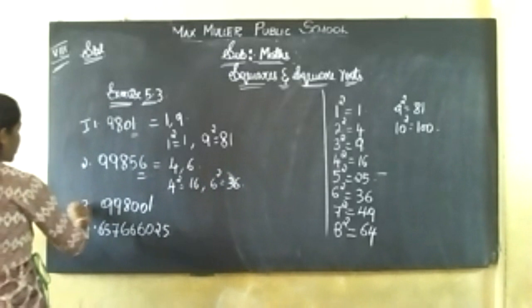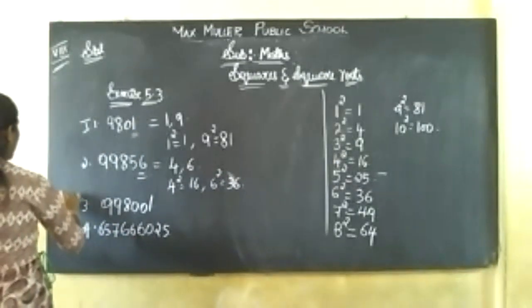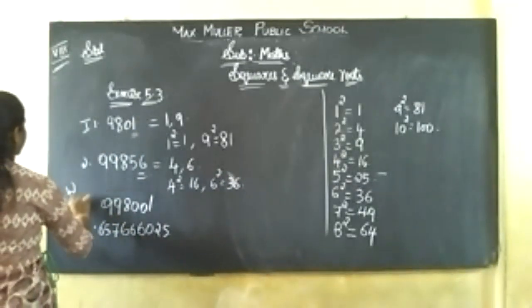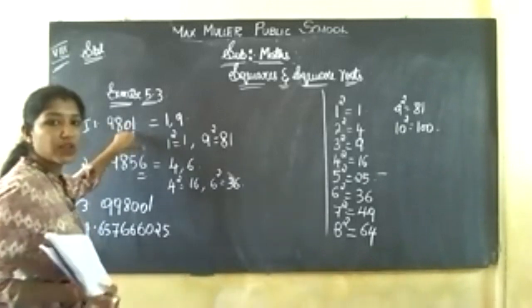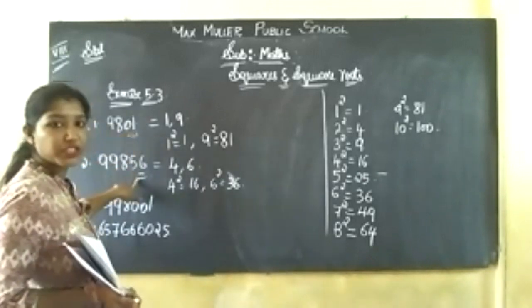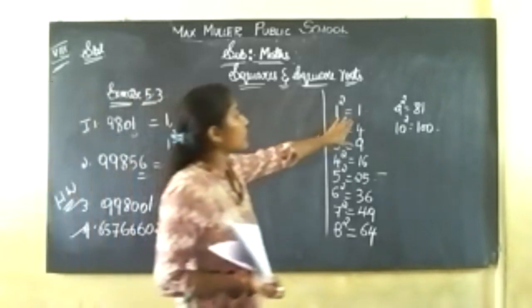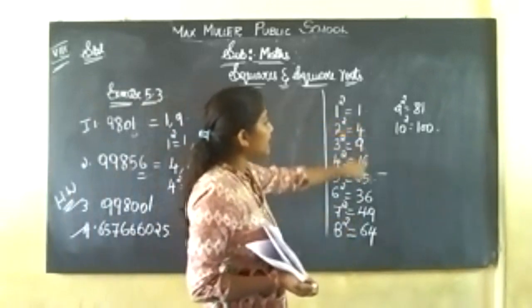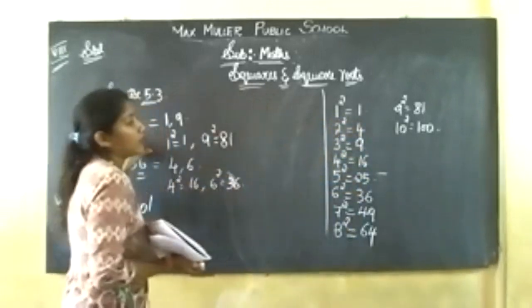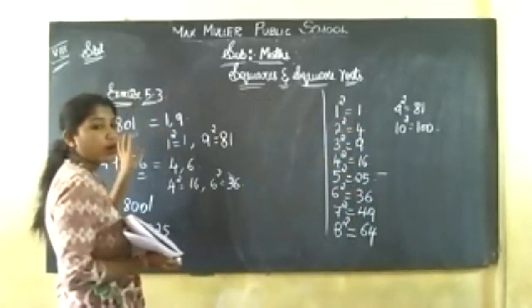These two numbers you have to take as homework. See, you have to look at the ones digit in the question and check in the square numbers which last digit matches.